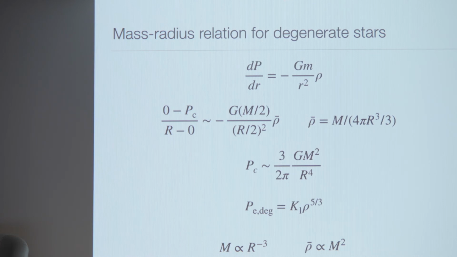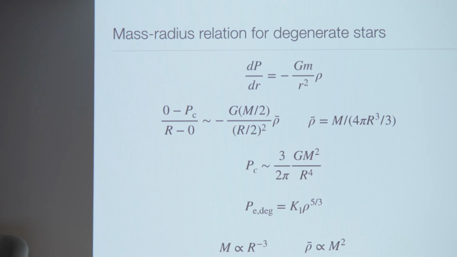So as the mass of the white dwarf increases, the radius gets smaller and the density gets higher. And if you go to very large masses, the density keeps going up and up.